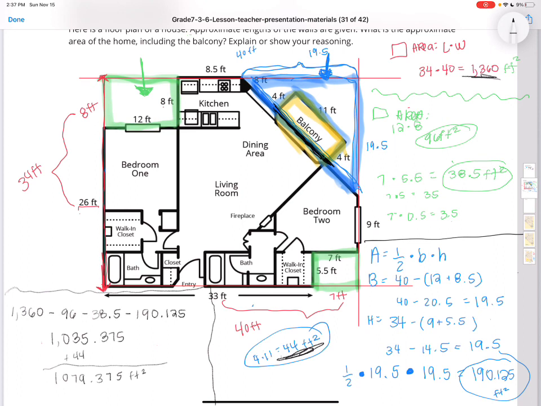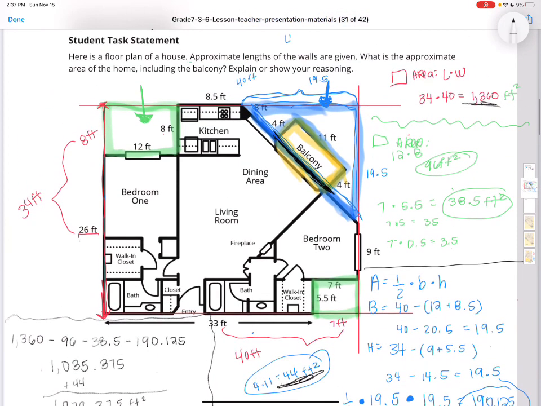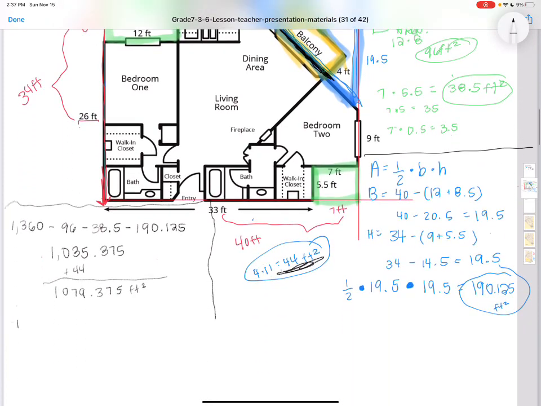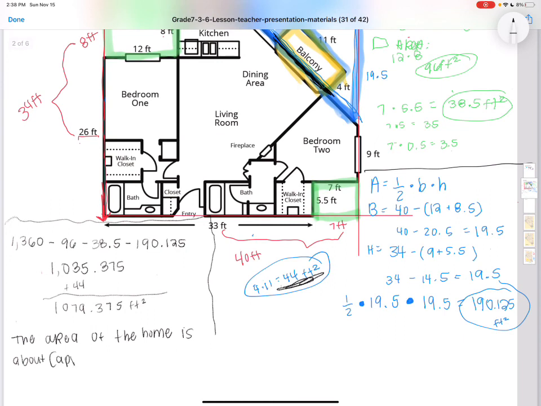So what we're going to say is that the house square footage, and they said that I want to use the area of the home, is approximately 1,080 square feet.